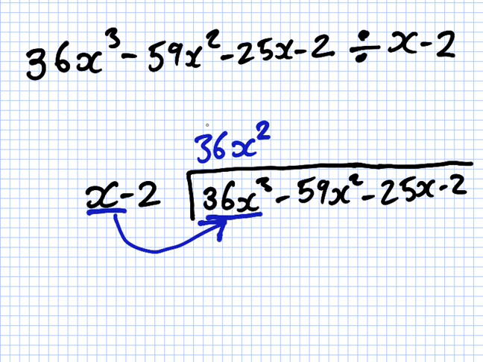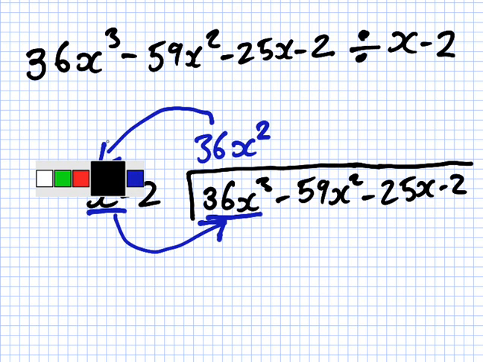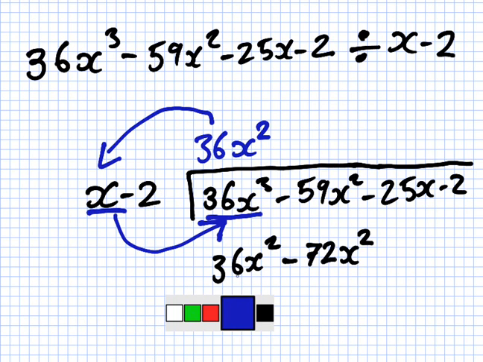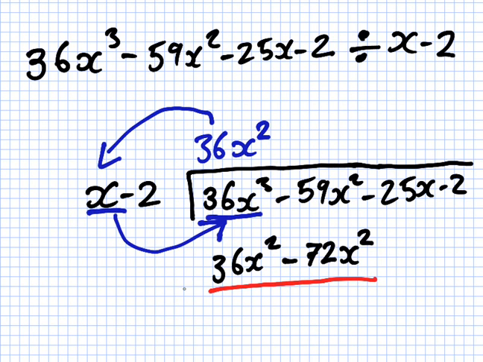And then you multiply. So here we have 36x cubed minus 72x squared, since 36x squared times 2.